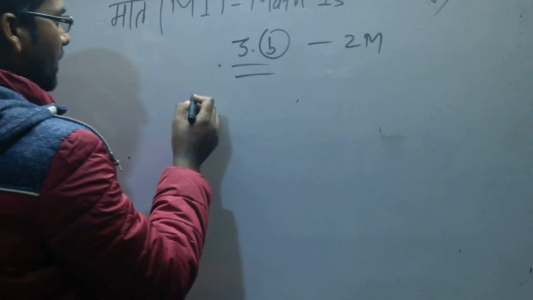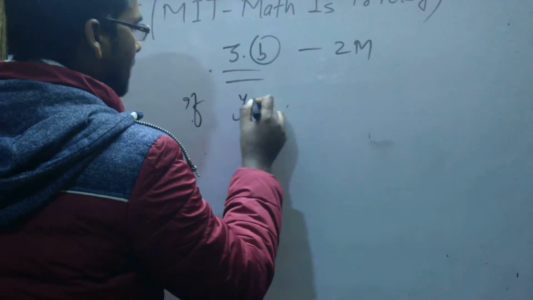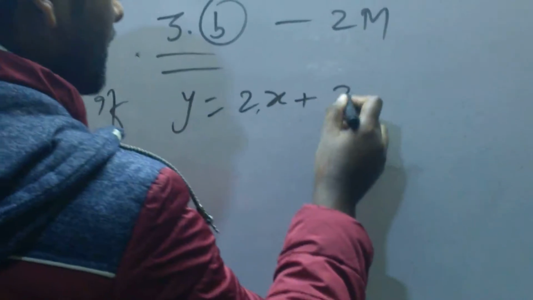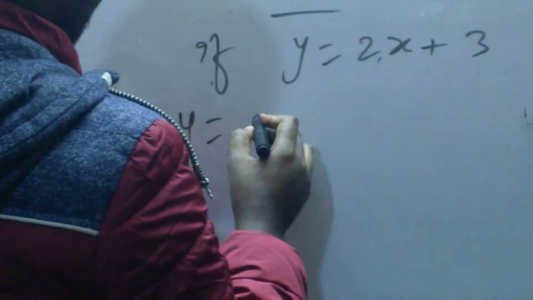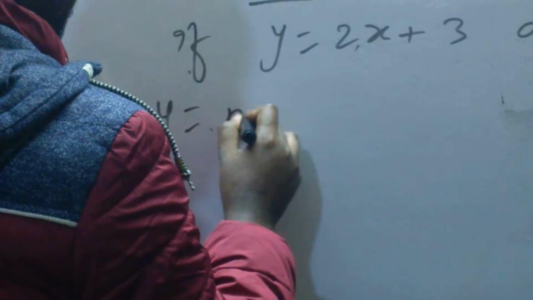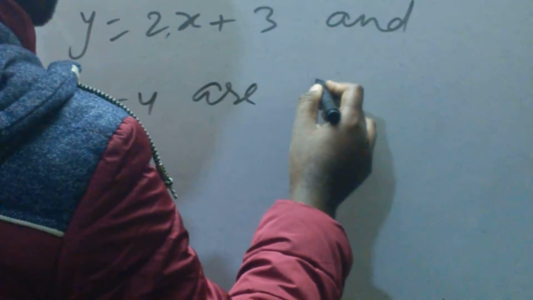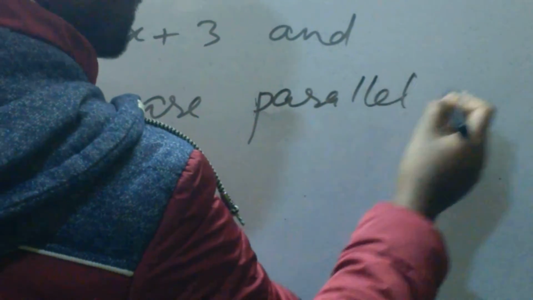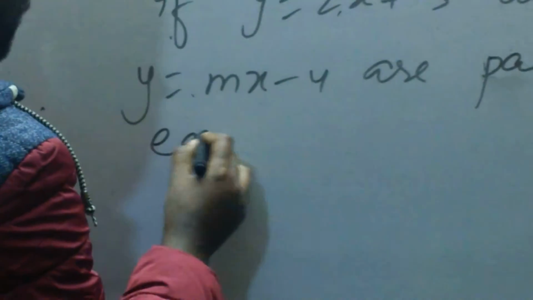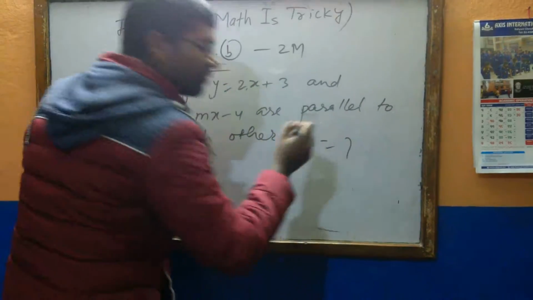Suppose y equals 2x plus 3 and y equals mx minus 4 are parallel to each other. Find the value of m. It's a very simple question.